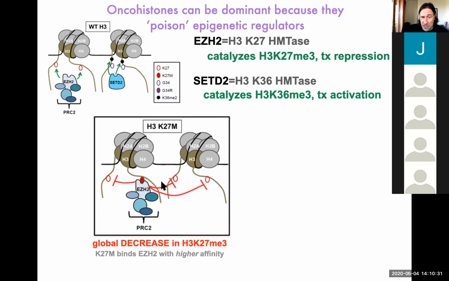So normally you would suppress all these genes along the DNA using polycomb and enhancer of zeste and all those things. But in this case, you're holding on so tightly to the enzyme that it can't leave or can't leave as efficiently. And so you're not getting normal silencing. Think about if there's an oncogene somewhere here.